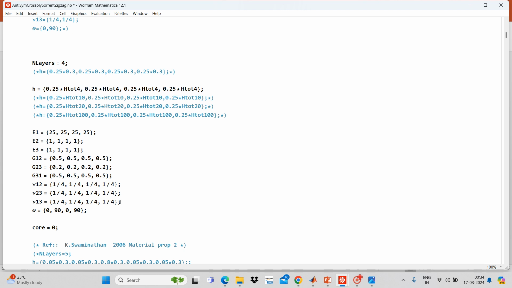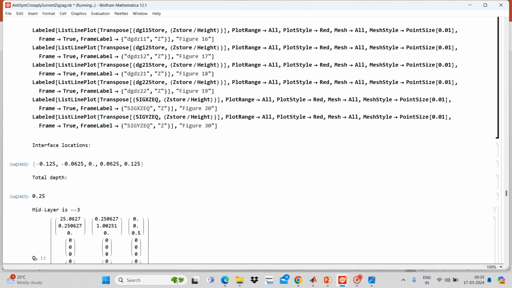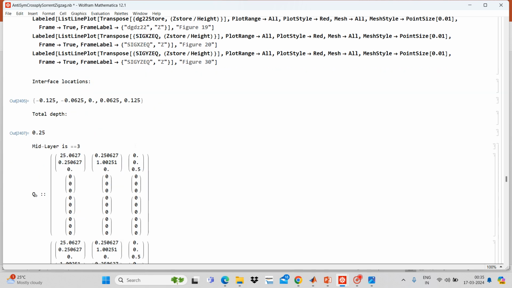The a by h ratio is 4 here. So we will run this code and we will see. It's a 4-layer. You can see E1 is 25 all over, E2, E3, G12, G23, and theta is 0/90, 0/90. It's not 90/0. Therefore, it's anti-symmetric. Let's run this code and see the results.